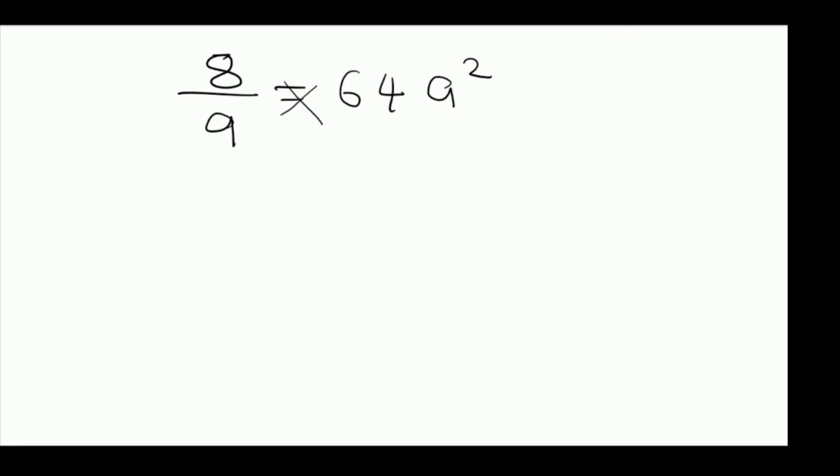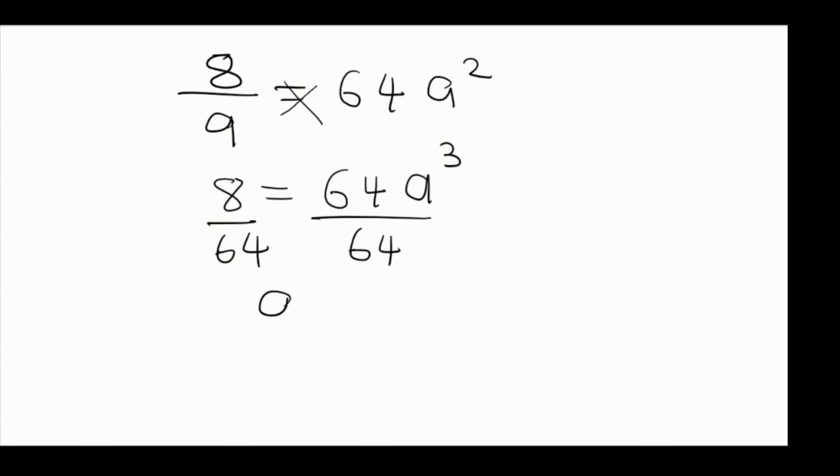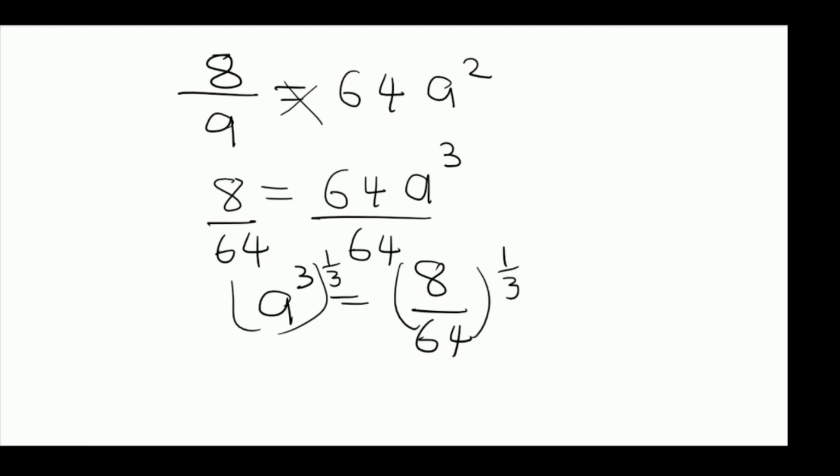Then you cross multiply, you're going to have 8 is equals to 64 a cubed. Then you divide by 64 both sides. You have a cubed is equals to 8 over 64. Then you multiply by 1 over 3 on both sides. So your a value you're going to find to be 1 over 2. So this is the answer of a.